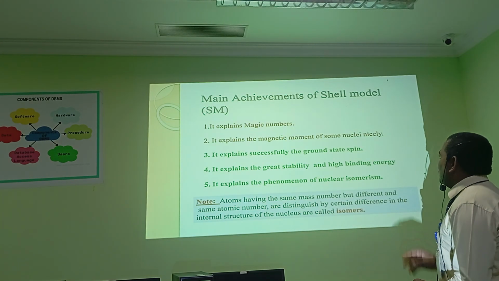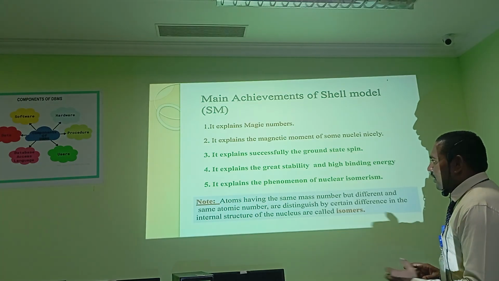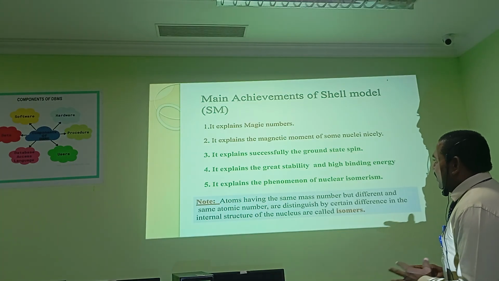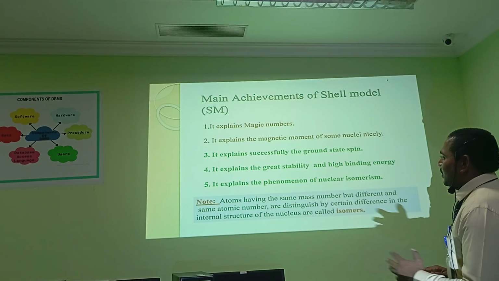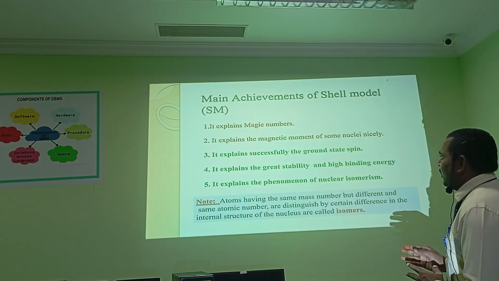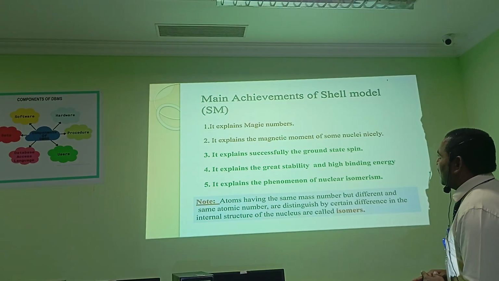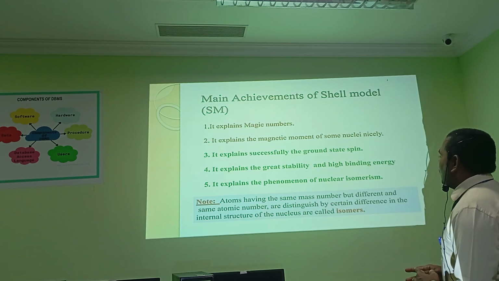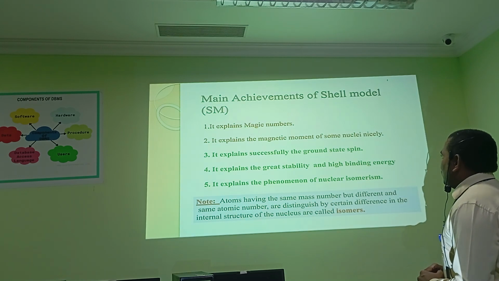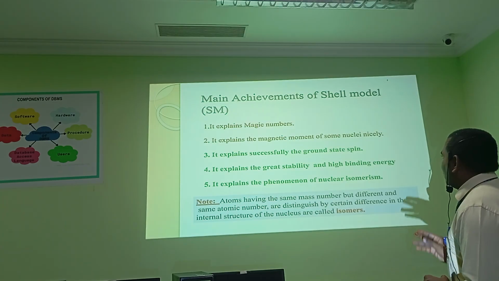The main achievement of the shell model. So actually, what is the main achievement? Compared to the liquid drop model, the main achievements of the shell model are: it explains the magic numbers, it explains the magnetic moment and the quadrupole moment of nuclei nicely.